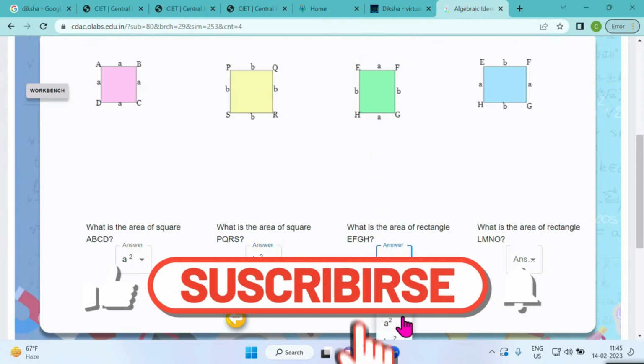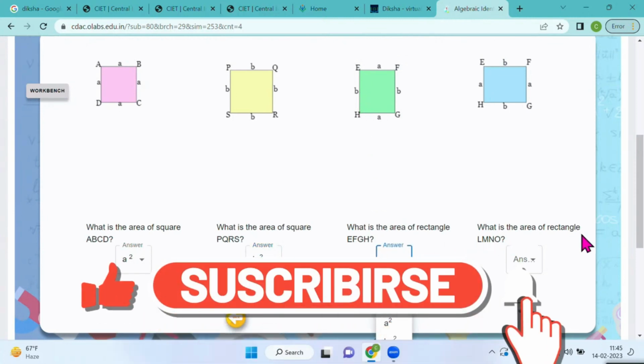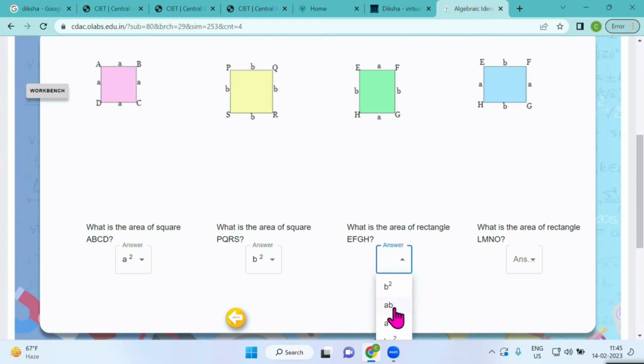As we all know, the area of a rectangle is length into breadth, so it will be A into B, that is AB. And the fourth one, the area of rectangle LMNO: now we have length B units and breadth A units, so the area is length into breadth, that is B into A, which is BA.